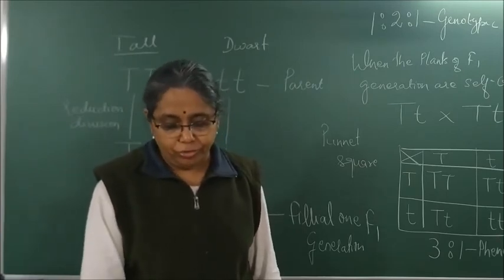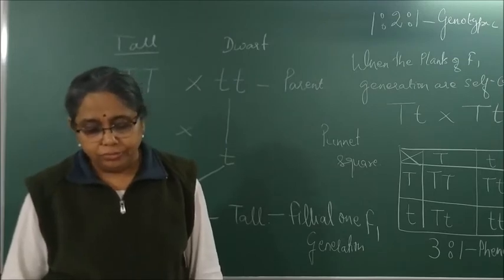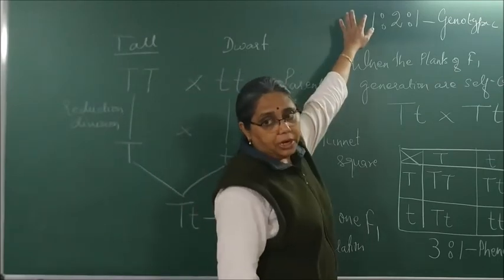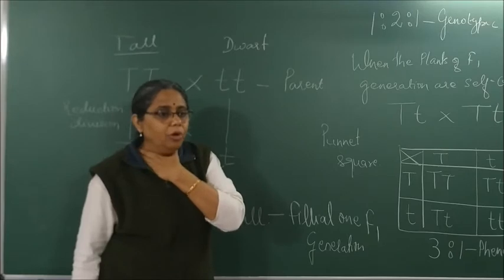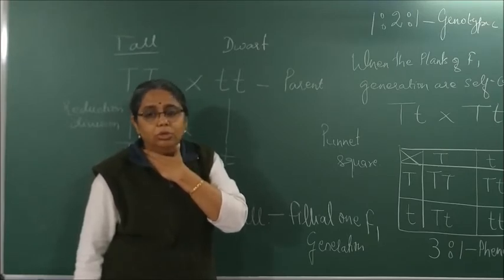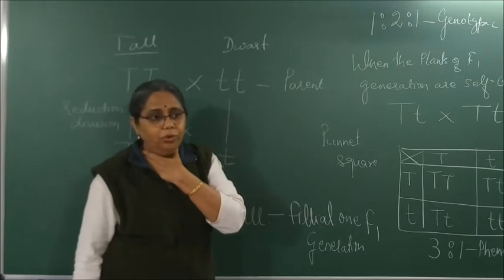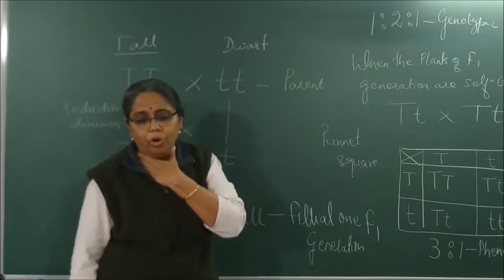Genotypic ratio, or genotypic monohybrid ratio: 1 pure tall plant is to 2 phenotypically tall plants is to 1 pure dwarf plant.